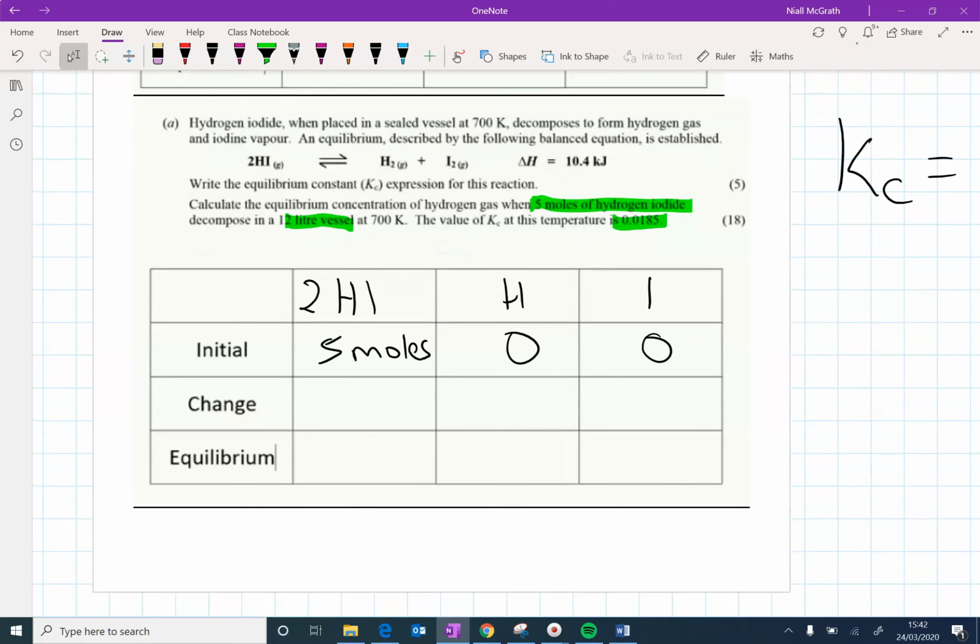The change then that we will have, if we substitute in an unknown, so we'll have x, so plus x, and plus x. Here we're starting with 5 moles, and then we're going to be taking away 2x. So we're going to use those expressions that we have, we'll substitute them into the expression we have for Kc and try and figure out what our concentrations are.